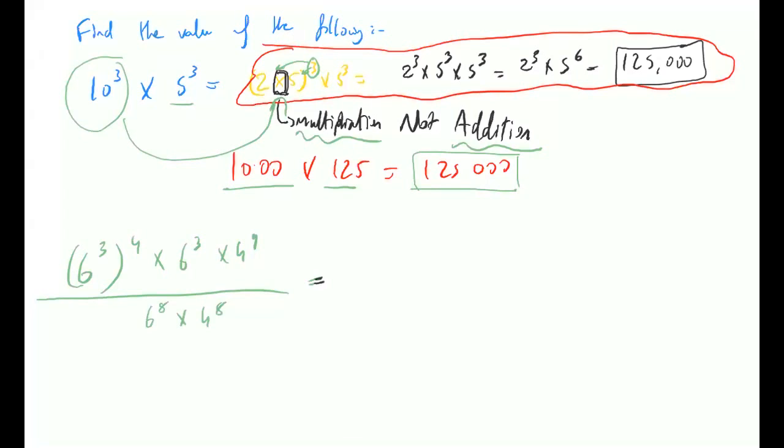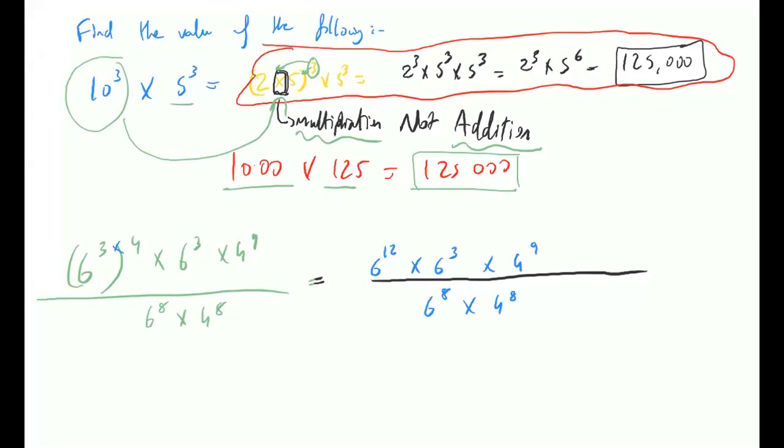So let's just solve it. So 6 power 3 times 4, that will be multiplication, right? 3 times 4 is 12, so 6 power 12 times 6 power 3 times 4 power 9, right? And beneath that will be 6 power 8 times 4 power 8.